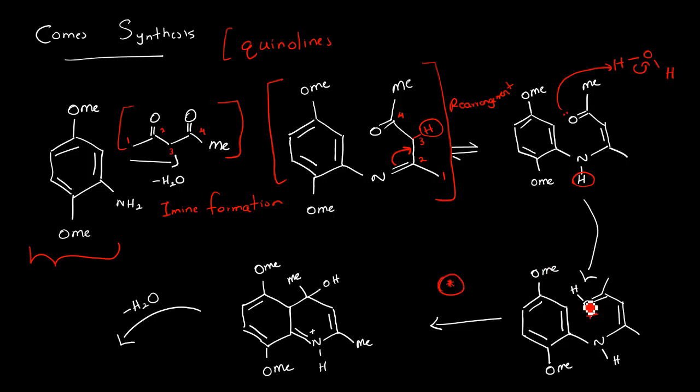If you remember our previous video about the Skraup synthesis of quinolines, you must be able to remember how the cyclization happens. We have a lone pair on the nitrogen. This lone pair will come onto this position to form a double bond.